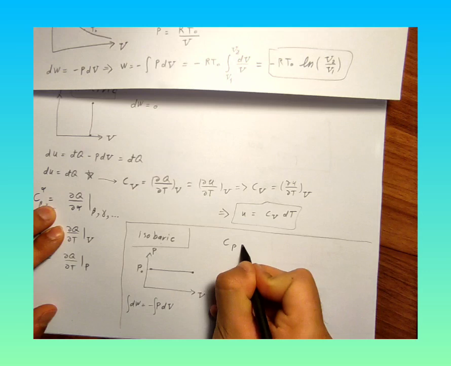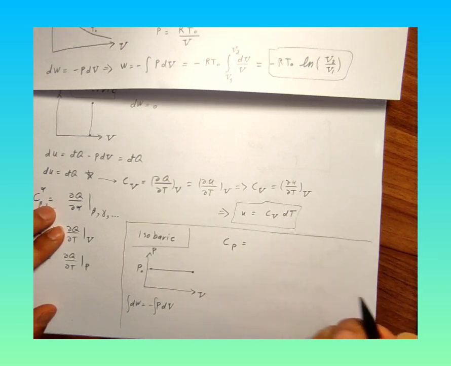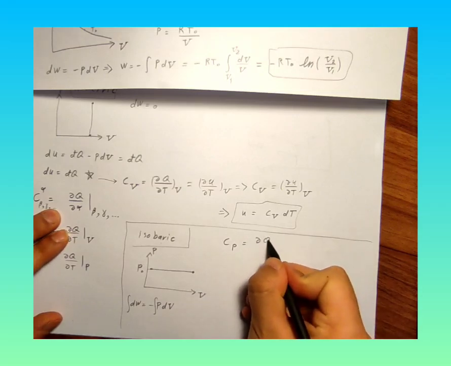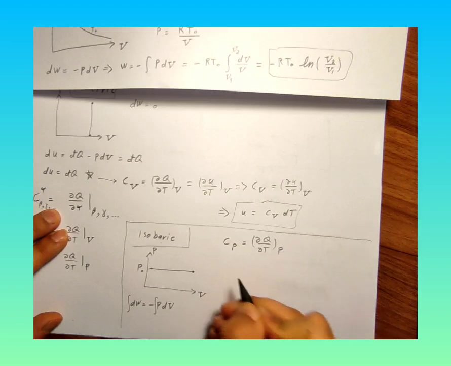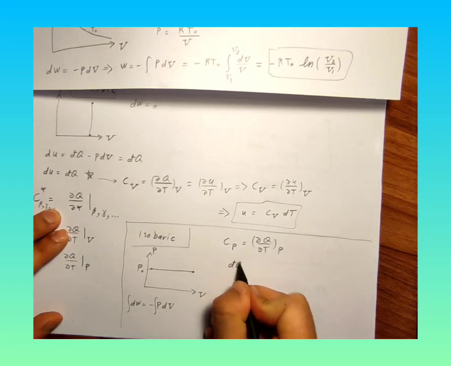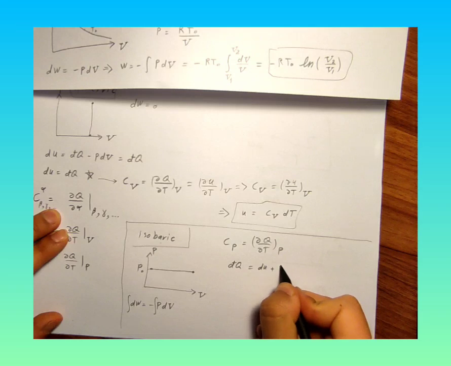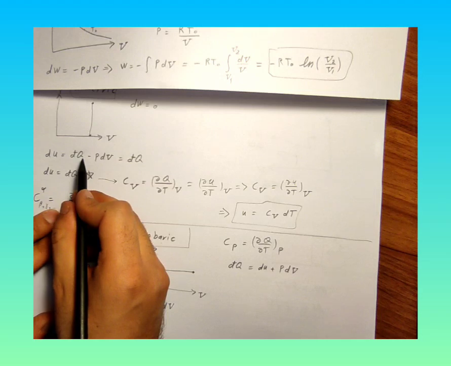Let's calculate Cp. We have CV here. We want to calculate Cp and see what happens. This is ∂Q divided by ∂T at constant P. What is dQ? dQ is dU plus P dV, because we had this by the first law of thermodynamics.